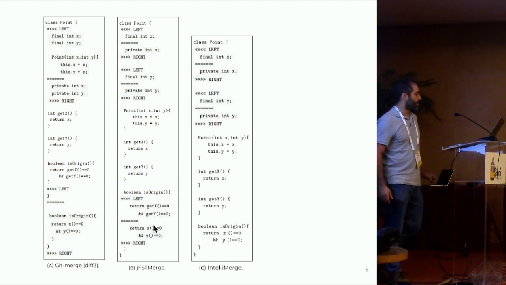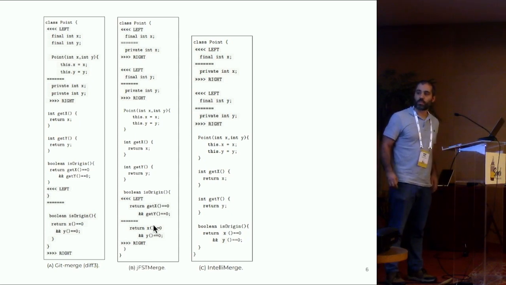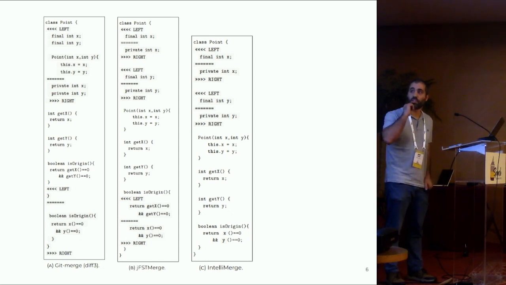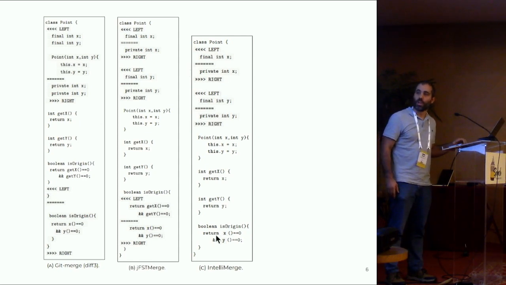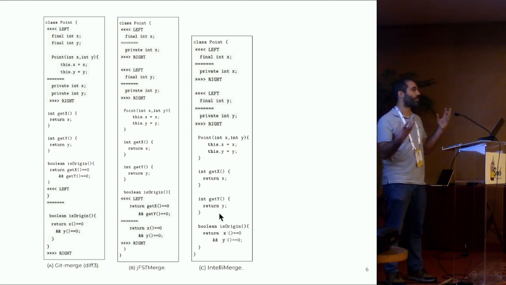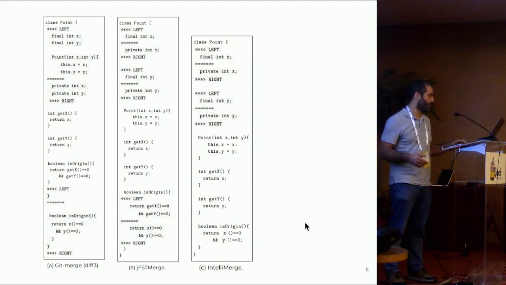Another research approach, also published here at SPLASH more recently, is IntelliMerge. It does a similar job, so we also have a conflict in this area. But then isOrigin is not reported as a conflict, and the resulting code gives us compilation errors. So this X and Y are broken references. Somehow the rename was not well handled.